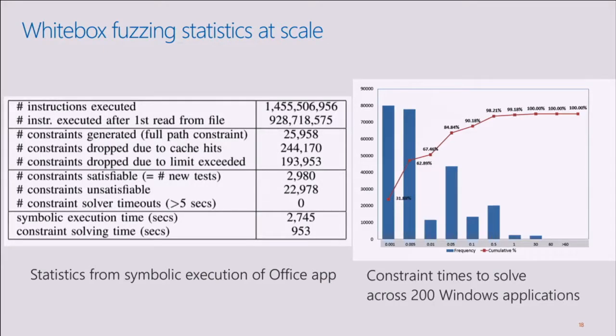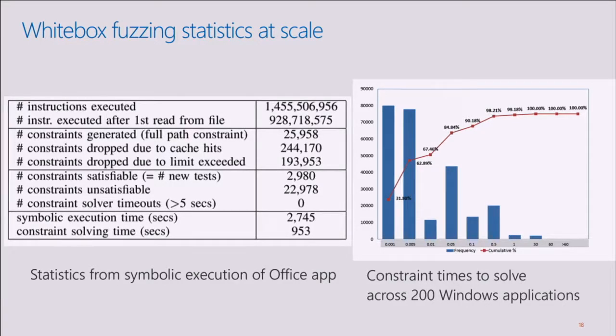That's about 1.4 billion instructions, and 928 million of those instructions are executed after the file starts being read. So it's 928 million instructions that could be hiding a security hole. 928 million instructions that may have something that is an accidental oversight that we have to look for.